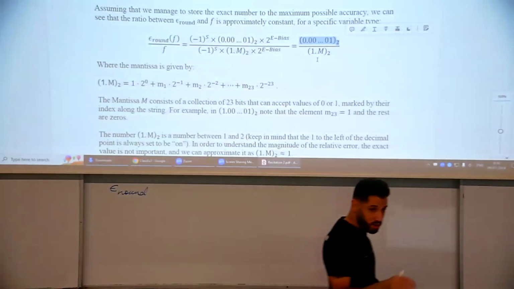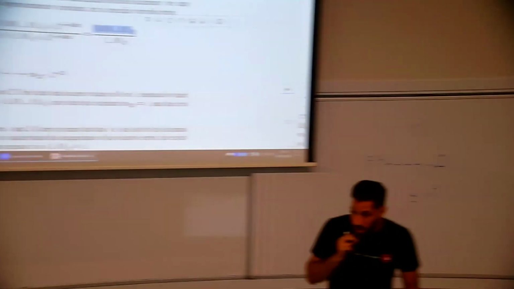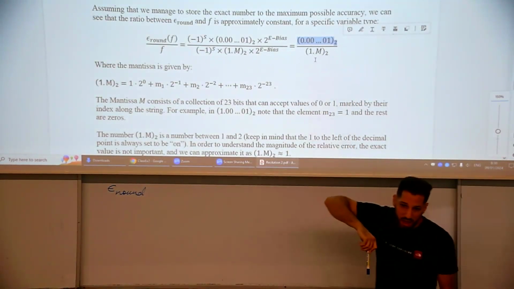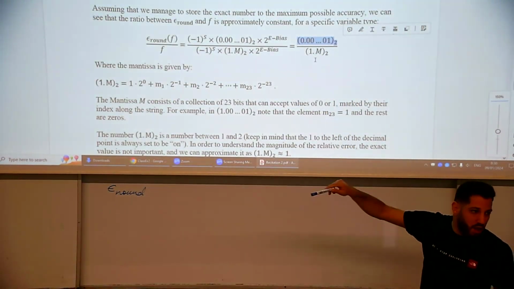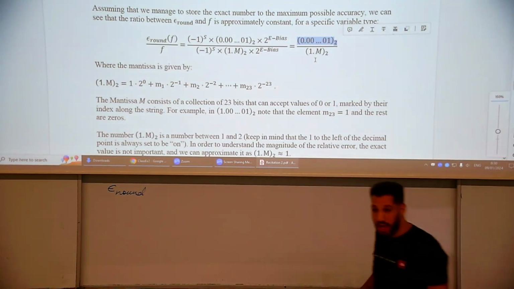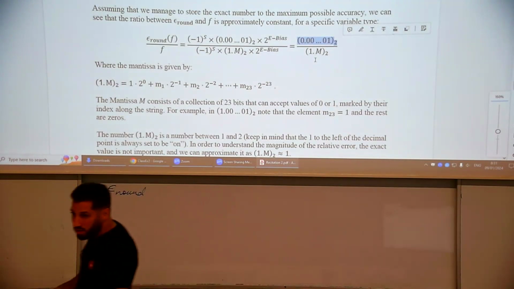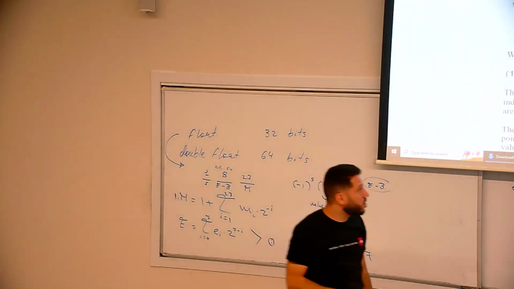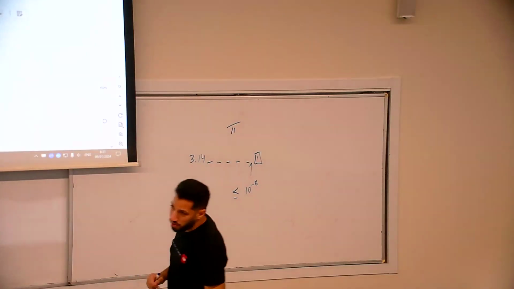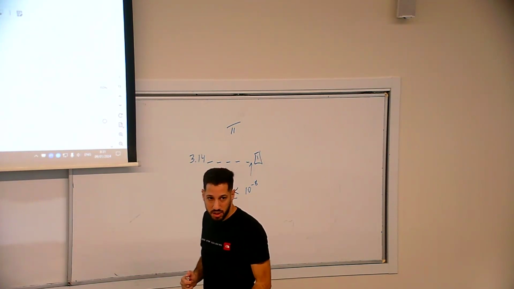So this error is only this number, which is 10 to the minus 7, divided by 1 or 1.5 or 2. So worst case, 2 divided by 1. We take this factor of 2, we don't care about it. So we say that the relative error is up to 10 to the minus 7.